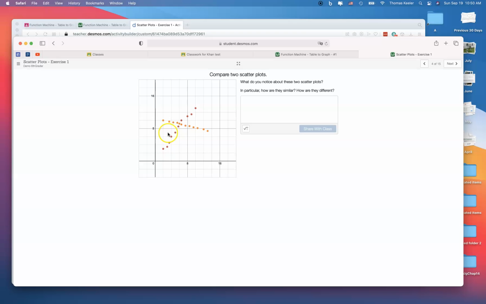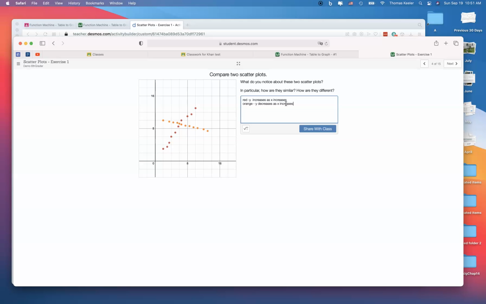And so what do you notice about these? In the red, we notice red increases, so y increases as x increases. And the orange, y decreases as x increases.